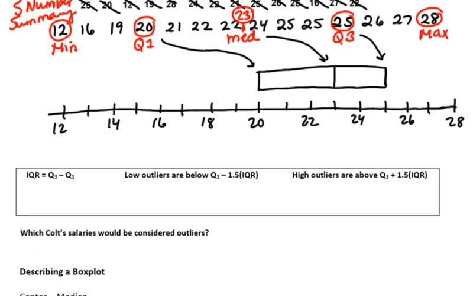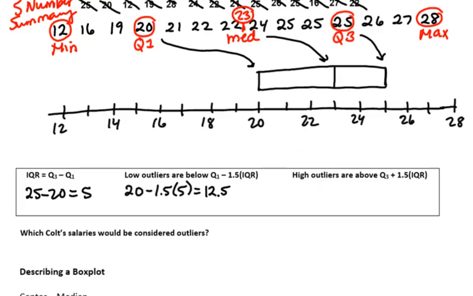So first of all, I'm going to compute what's called the IQR, the interquartile range, which is Q3 minus Q1. So 25 minus 20 gives me 5. Then low outliers are any numbers that are 1.5 IQRs below Q1. And high outliers are any numbers that are above 1.5 IQRs above Q3. So Q1 is 20. 20 minus 1.5 times 5 gives me 20 minus 7.5, which is 12.5.